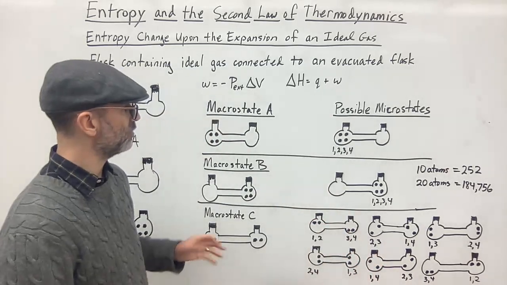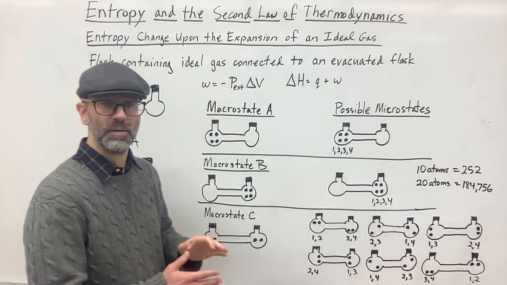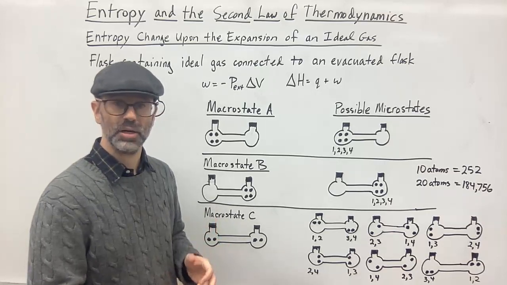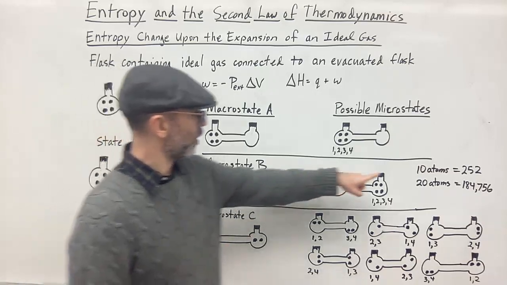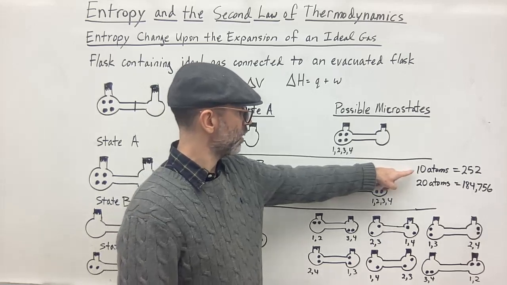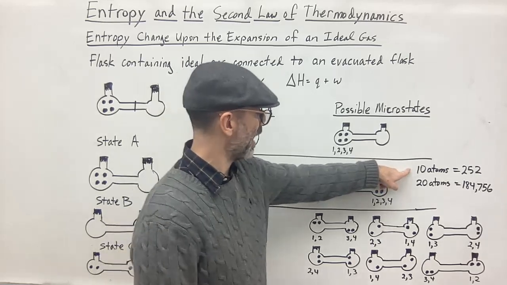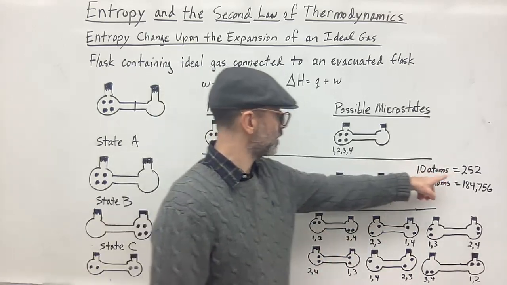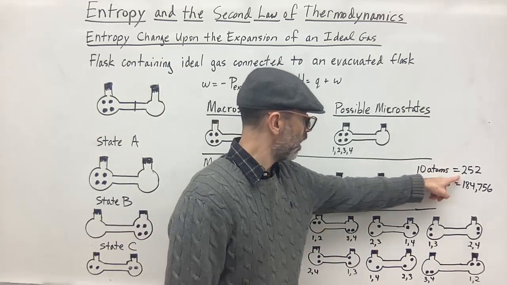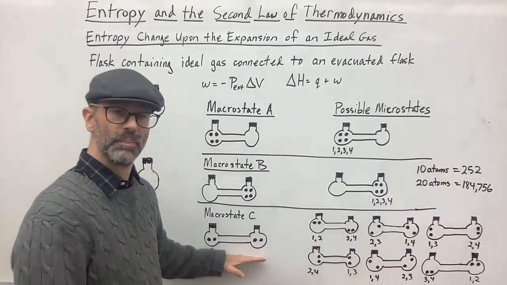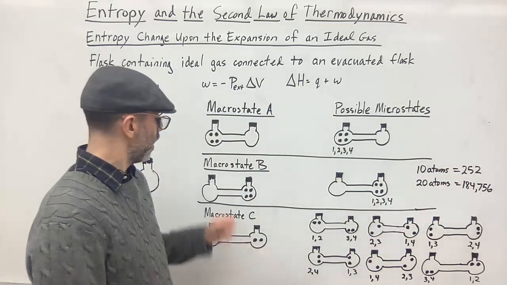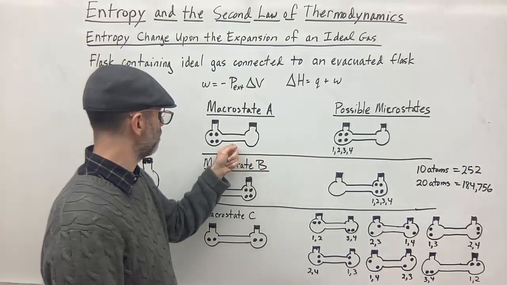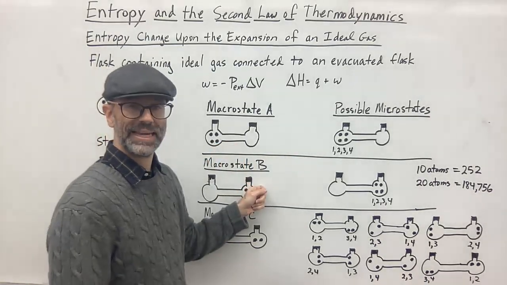And you could see the same thing happen if you increase the number of particles, right? So if we increase the number of particles to 10 atoms instead of 4, then we increase the number of microstates to 252 for macro state C. The microstates for macro state A and B stay the same.